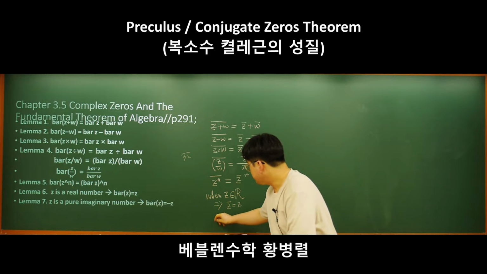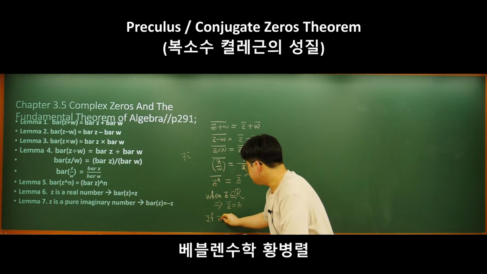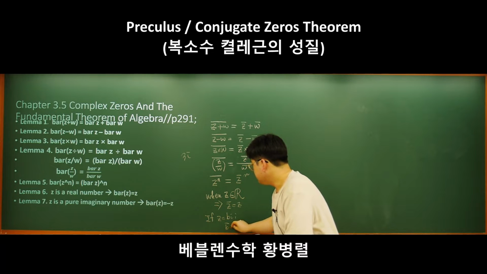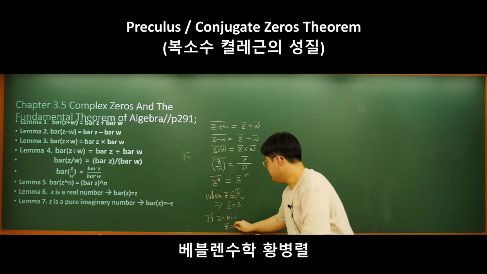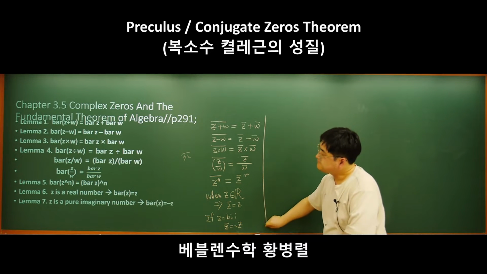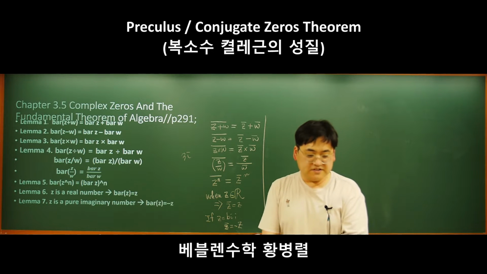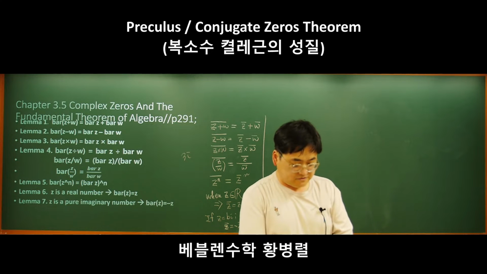Then if z is a pure imaginary number, then bar z is equivalent to negative z. Then let's prove the conjugate zero theorem.